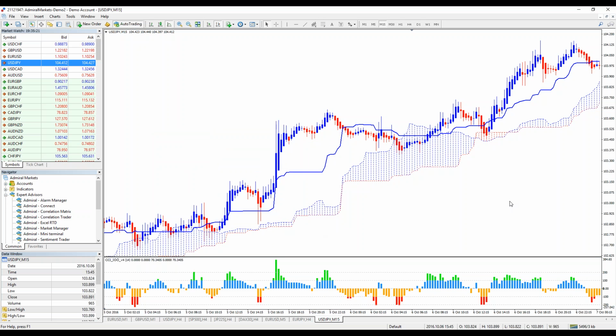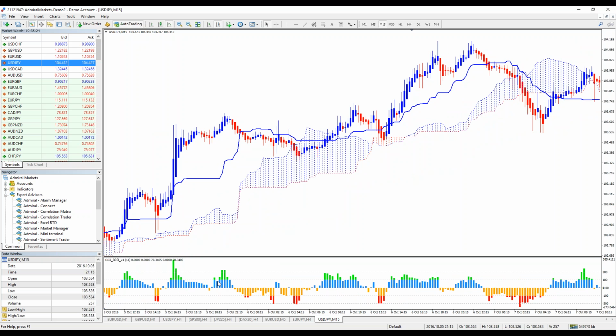And above all, we have the CCI indicator that gives us momentum. For up momentum, we want to see this blue-green, because when you see blue-green, it means that there is momentum above 100. Usually when we see momentum above 100, we can start to join the trade.